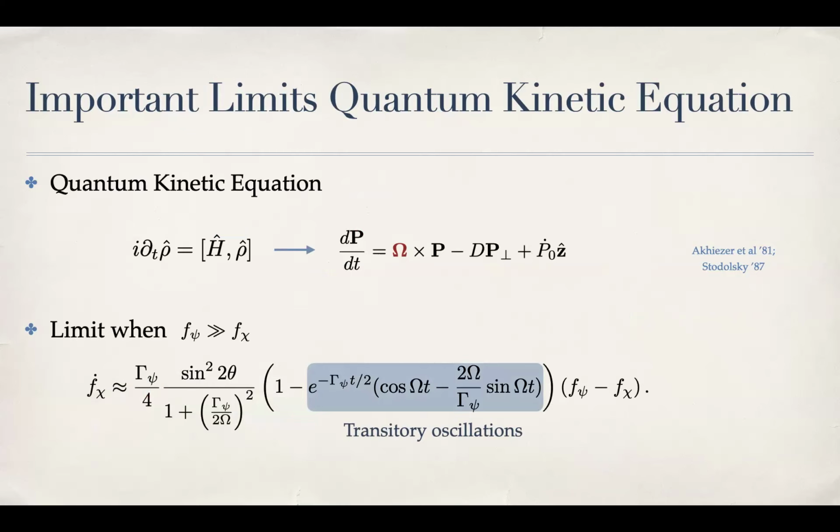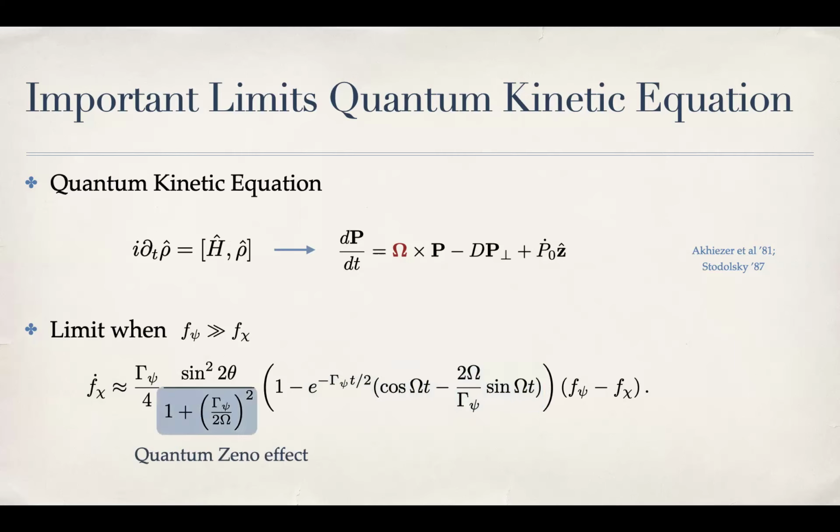Whenever your scattering rate is negligible, what this gives rise to is just your normal vacuum oscillations. This term here is this quantum Zeno effect I was telling you about. If your scattering rate is much larger than your oscillation rate, this omega, then you're suppressed in your probability of conversion by a scattering rate over oscillation rate squared, which is just what we expected from this Taylor expansion.